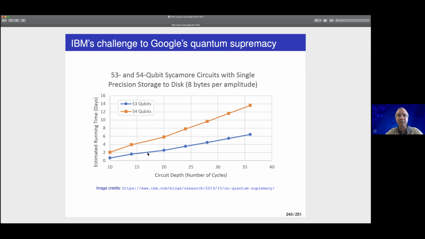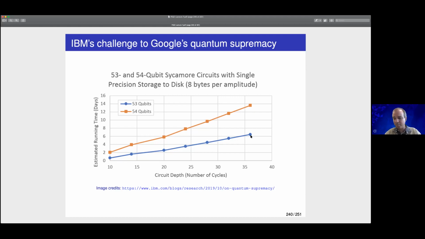And they showed that, for instance, for 53 qubits and a depth of up to 35 or 30 something layers, you could simulate this not in 10,000 years, but in about 6 days. Okay, which is much more than 300 seconds or 3 minutes or whatever Google needed with a quantum computer, but it's much less than 10,000 years.